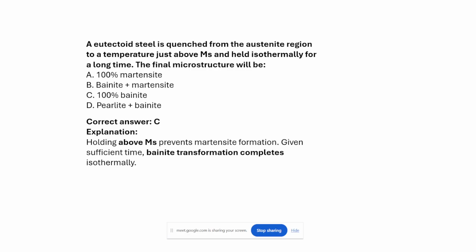The final microstructure will be bainite, because for formation of the bainite phase, we avoid the nose, and above the martensitic starting temperature we hold isothermally for a certain duration, then it forms the bainitic phase. If it is just above the martensitic transformation, it is called lower bainite, and if it is a bit higher temperature holding, it is called upper bainite.